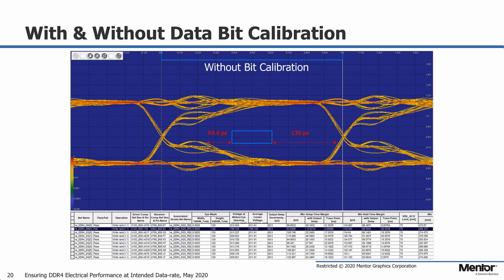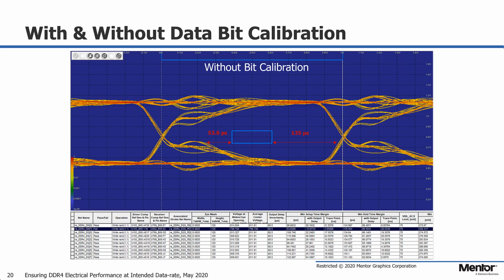There is another functionality that some controllers offer, which is the data bit calibration. This feature tries to center the sampling DQS edge to the center of the eye by adding unique delays to each bit or one delay value per byte lane so that the setup and hold margins are balanced.